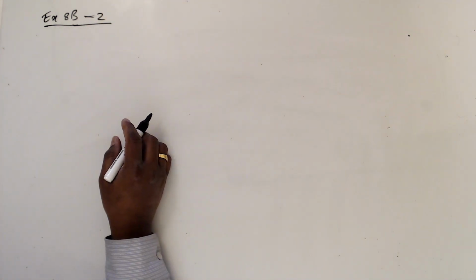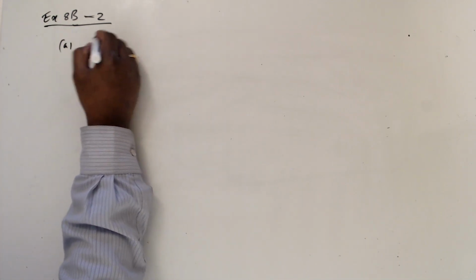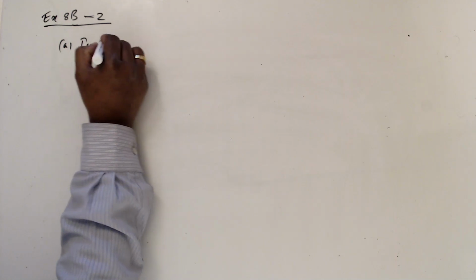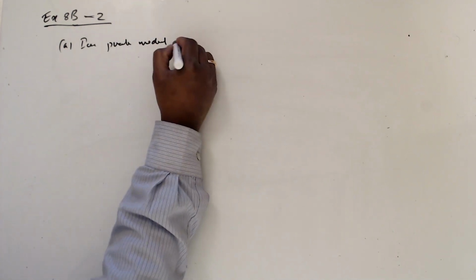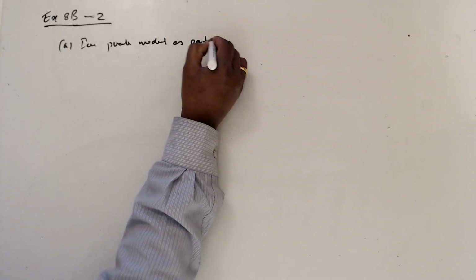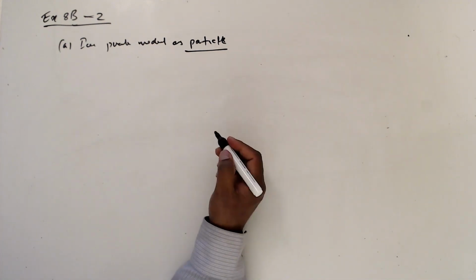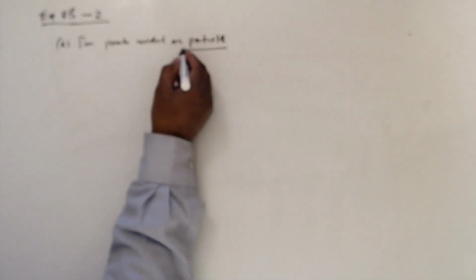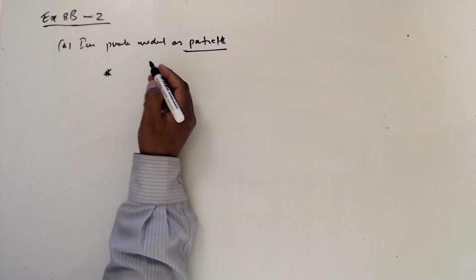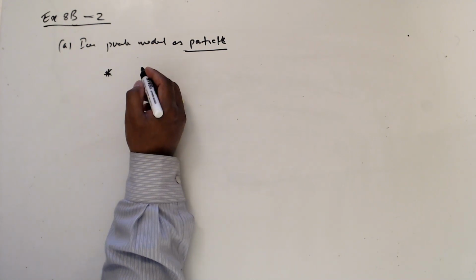Question number 2. The ice puck is modeled as a particle, part A. So still it is a particle. So what belongs to a particle? The assumptions belong to a particle, the same thing.